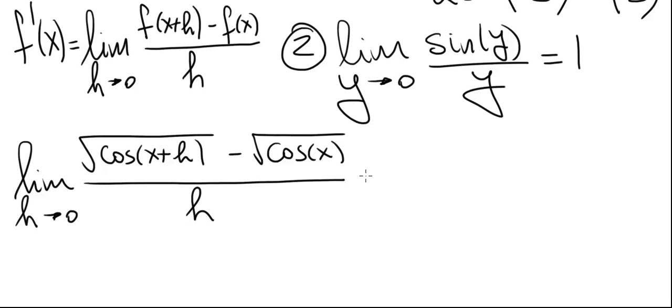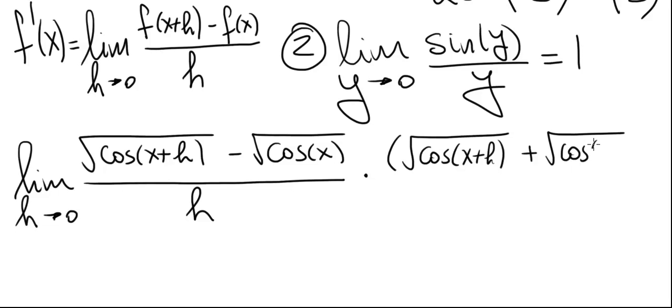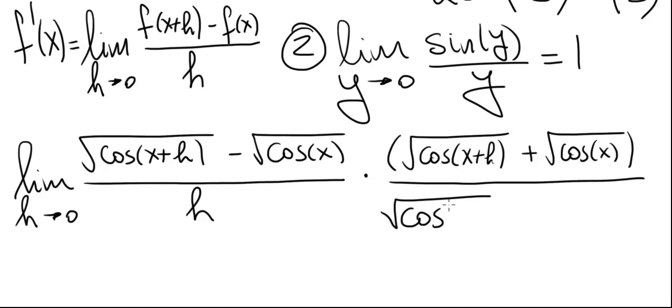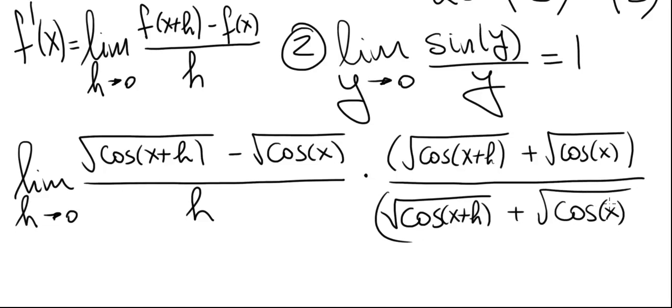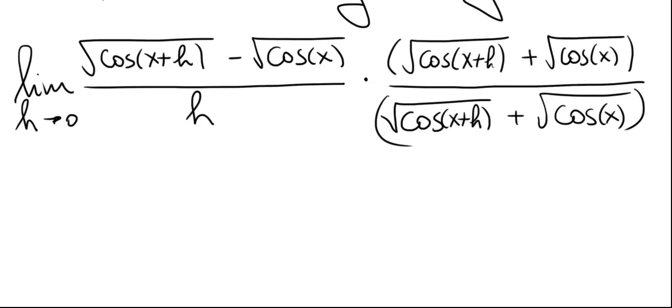Now, the first step for us is to multiply the numerator and denominator by the conjugate of the numerator, that is the square root of cosine of x plus h plus the square root of cosine of x. And of course this is divided by itself. Now what this does is eliminate the radical in the numerator.